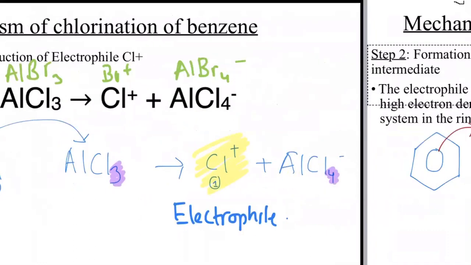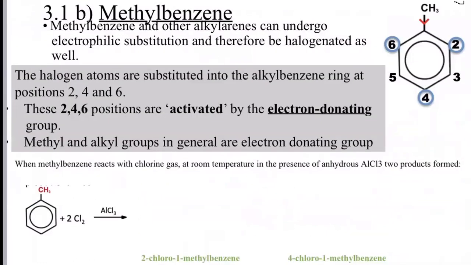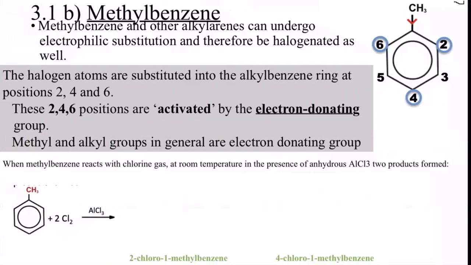Right, next. Methylbenzene is when you have a methyl group attached to the benzene ring. Methylbenzene and other alkyl arenes can undergo electrophilic substitution and therefore be halogenated as well. So as long as there is a benzene ring, the mechanism will be the same, which is electrophilic substitution.